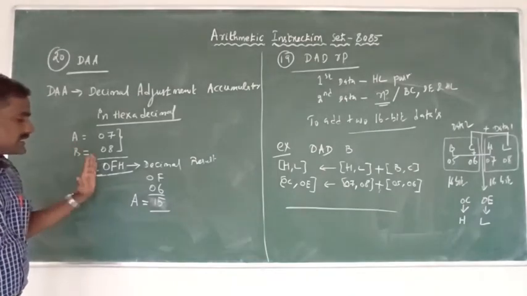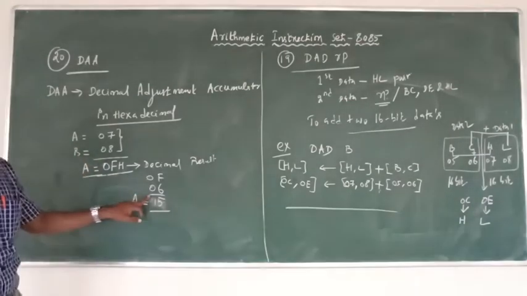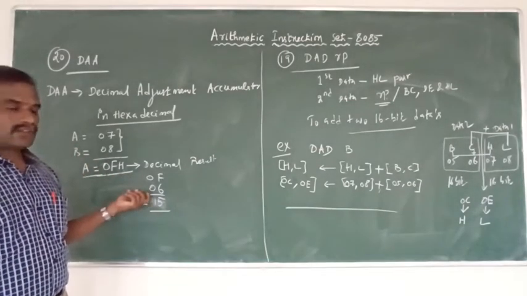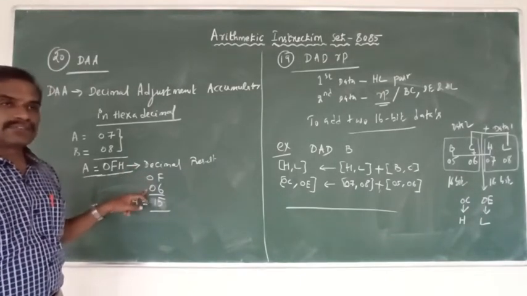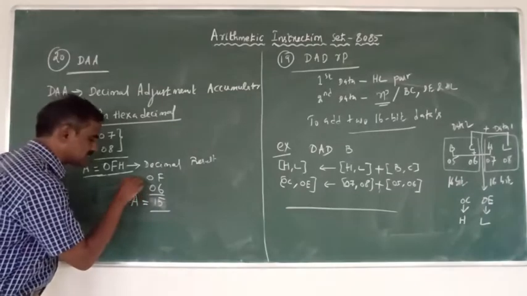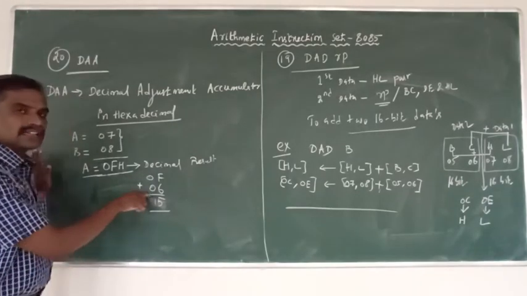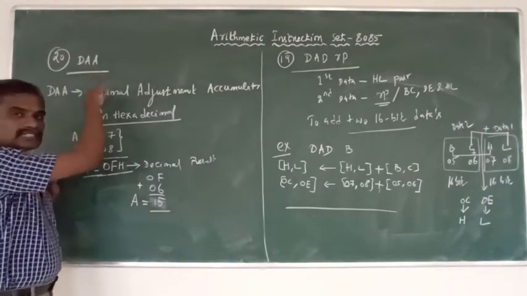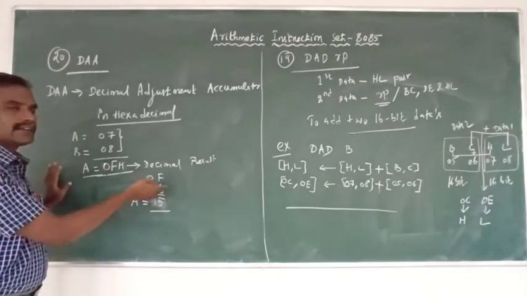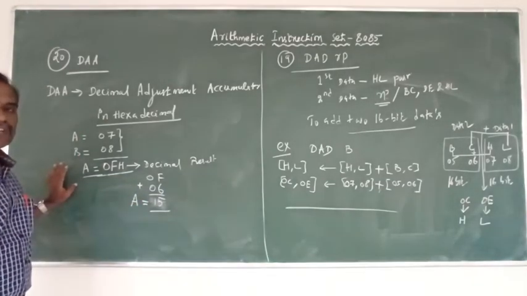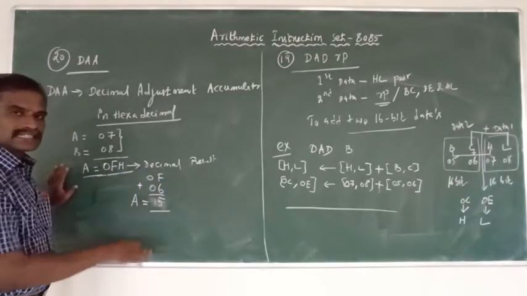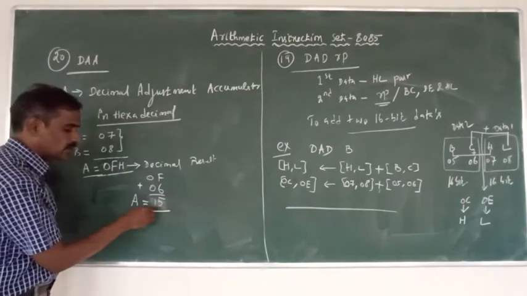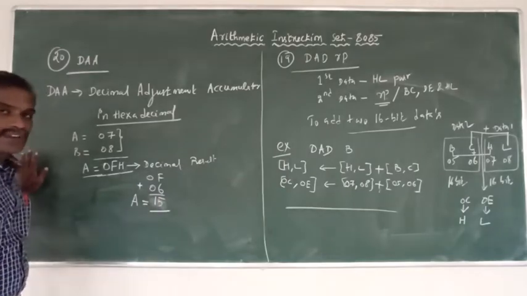Now the hexadecimal result is converted into decimal format, to change into BCD or decimal format. For that we can add 6. The DAA instruction will by default add 6, no need to add 6 ourselves. By default it will add 6, and the result produced is 15, the corresponding decimal value.